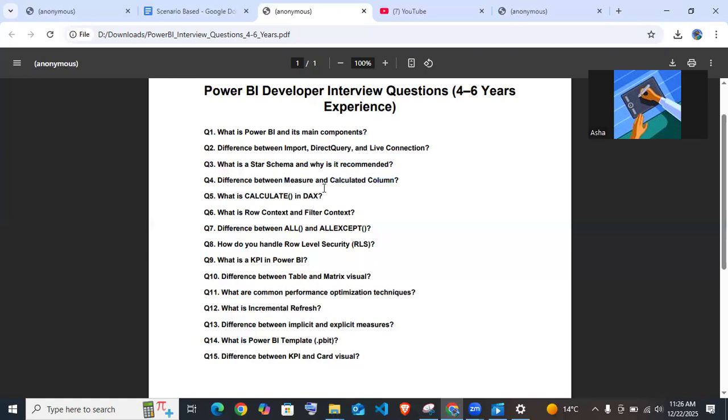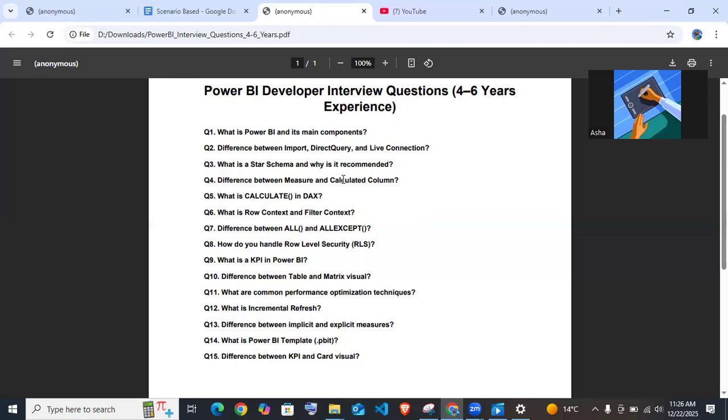You can answer that a measure is calculated at runtime and uses filter context. It does not increase model size, meaning when we create a measure in Power BI, it does not take memory in Power BI Desktop. And this is dynamic.